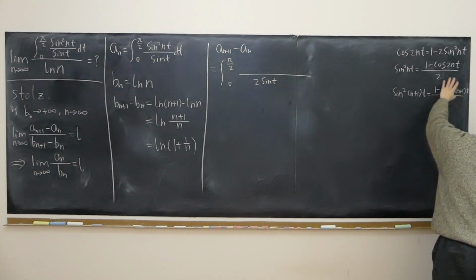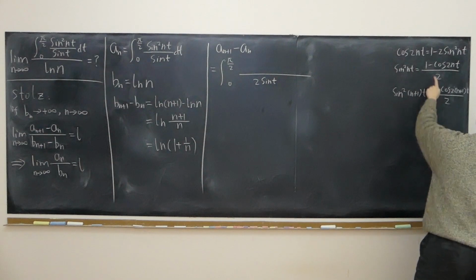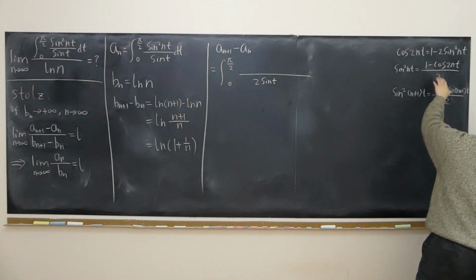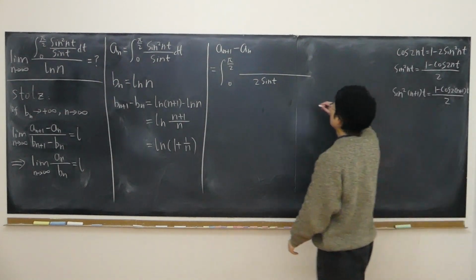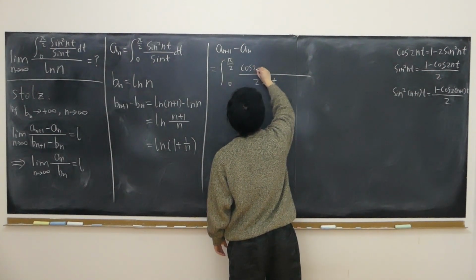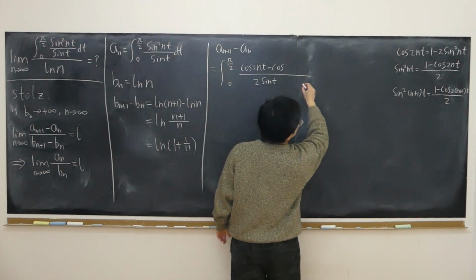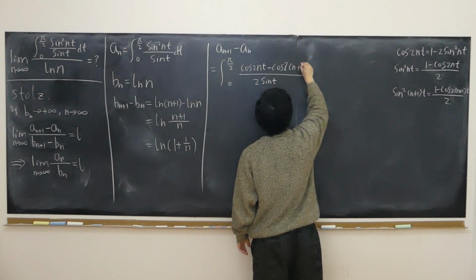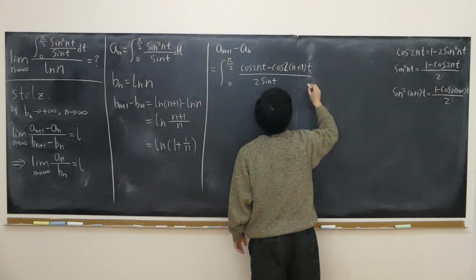So this minus that: the halves are already copied down here, the 1 and 1 cancel out, and this minus that gives cosine of twice nt minus cosine of twice (n plus 1) times t, dt.